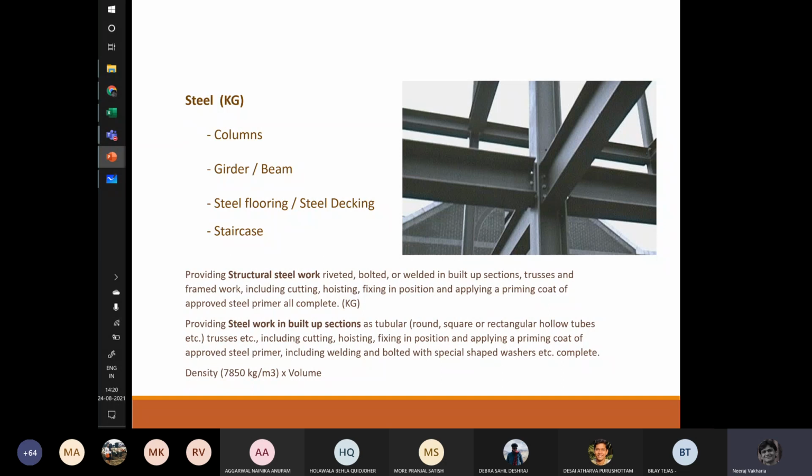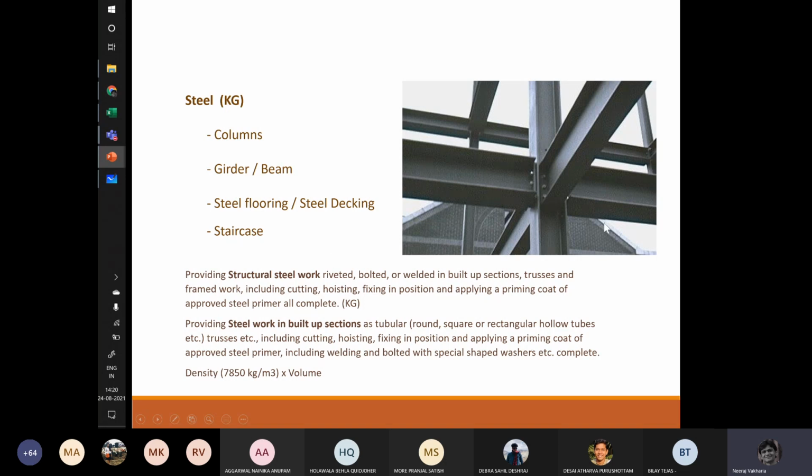It might have different sizes of girders. All that you can mention below this in a sub row or sub column, whatever you want. So there you will write whatever size you are using, ISMB 200, 250, 300, whatever it is, you have to mention it. And then you will calculate the weight for it.